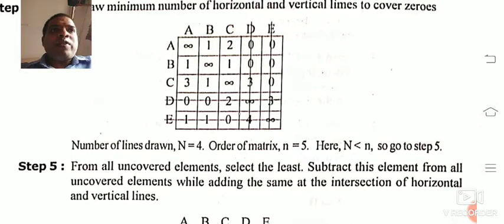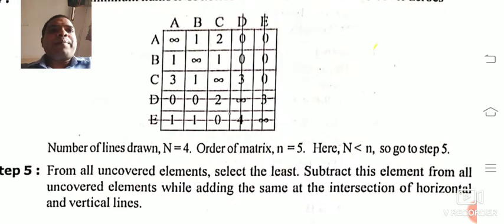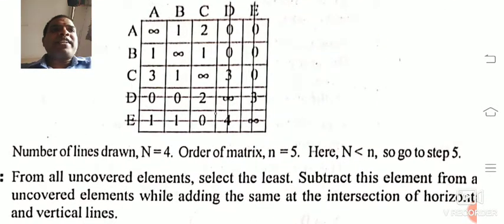Now we have drawn two vertical lines and two horizontal lines, so the number of lines capital N equals 4, and the order of the matrix, as you know, small n equals 5. Here capital N is less than small n.